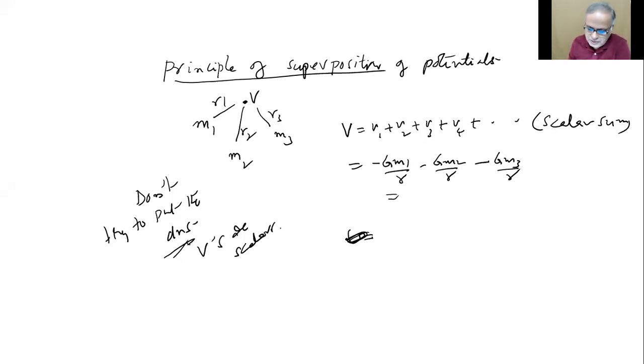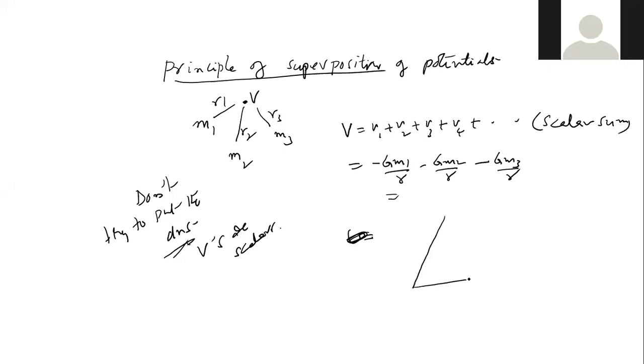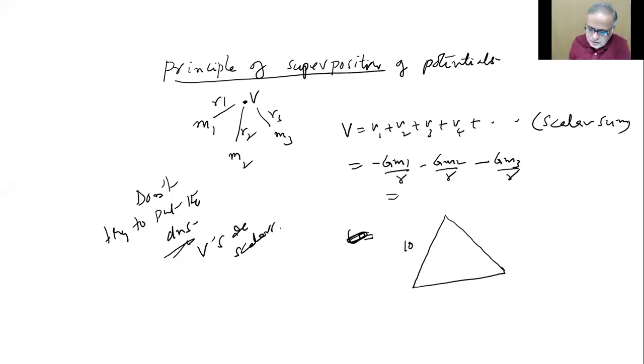For example, what does it mean? I've got 3 masses. This distance is 1 kilometer here, 1 kilometer here, 1 kilometer here.